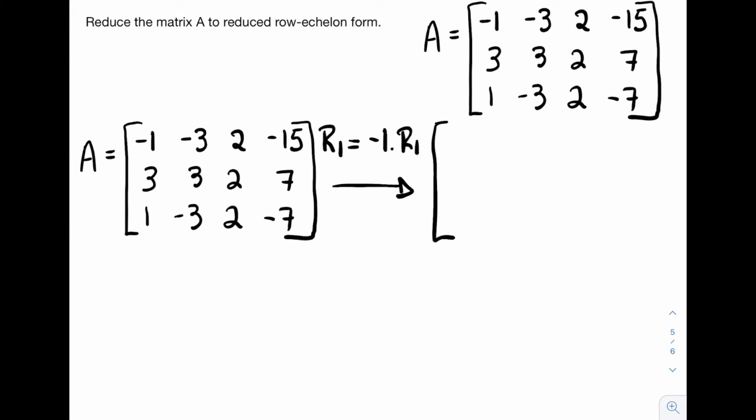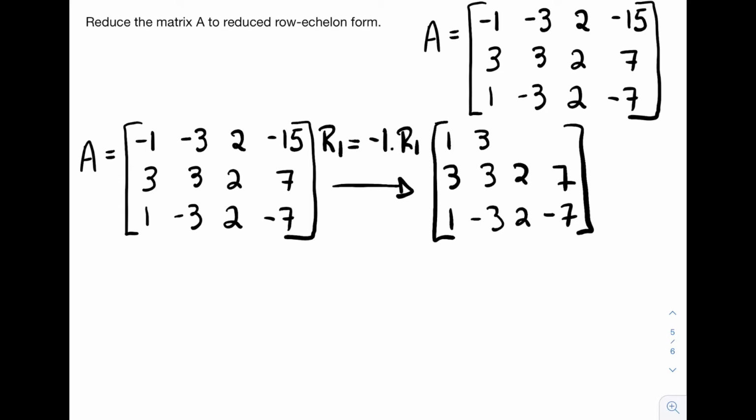And since we're only applying changes to the first row, the second and third row can essentially stay the same. And now negative 1 gets applied to everything in row 1. So negative 1 becomes positive 1, negative 3 becomes positive 3, 2 becomes negative 2, and negative 15 becomes 15.